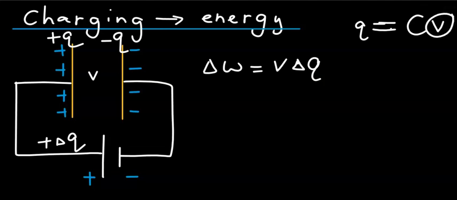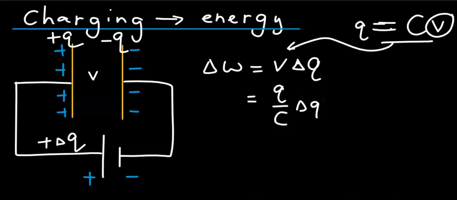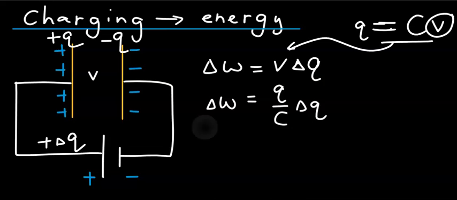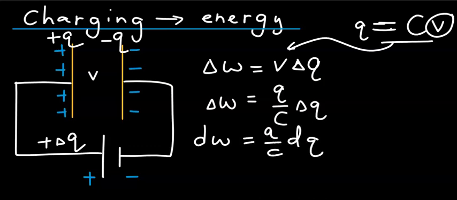Substituting the result for v from this equation inside here, we will get the following result for the amount of work done by this battery to place this amount of charge on the positive plate of the capacitor. Next, let's rewrite that equation in terms of differentials. So dW equals q over C dq.